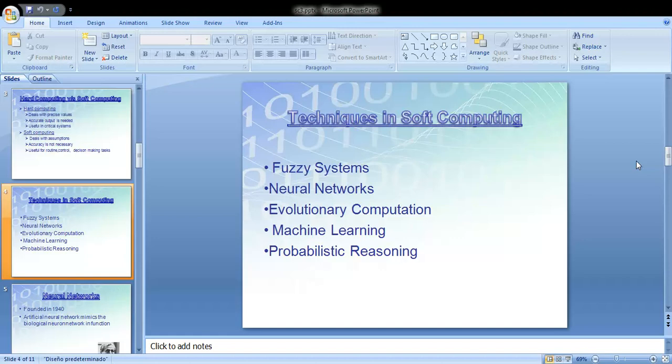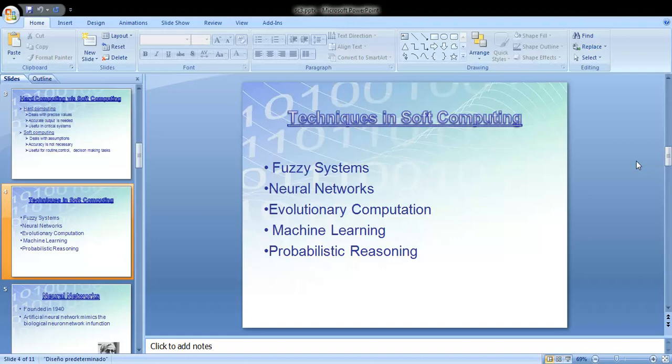So the topics are fuzzy systems, neural networks, evolutionary computing, machine learning, and probabilistic reasoning. These terms may be new for you, or maybe you have heard about them in some online courses, so we will take them in detail.